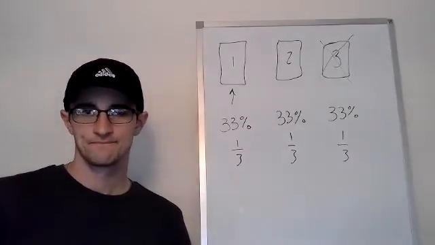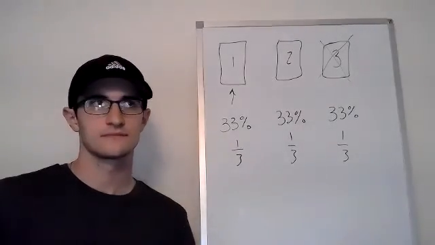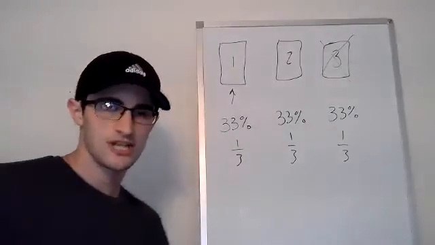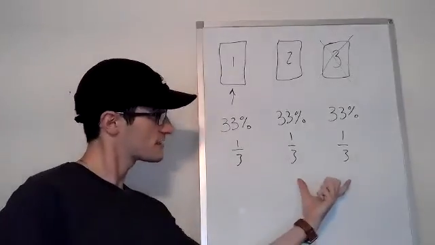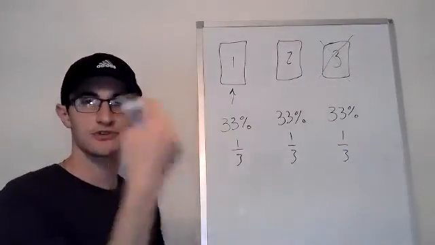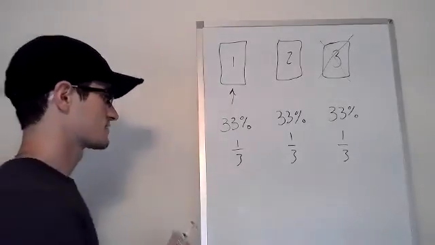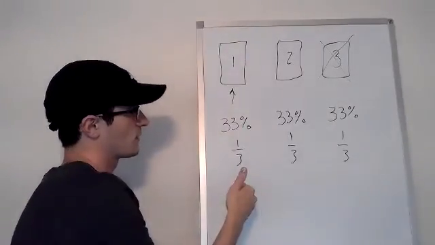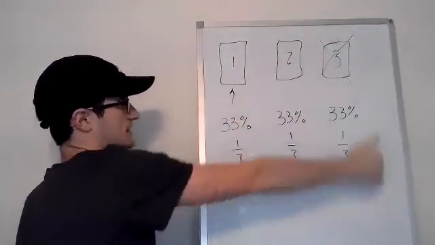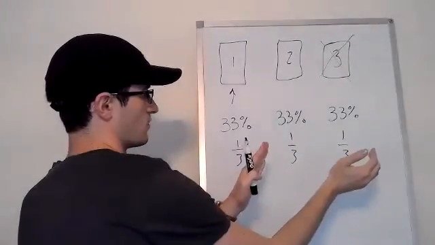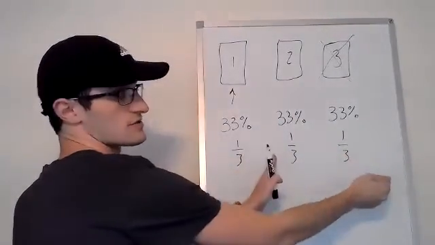But, well, let me take a step back real quick. Each one has a 33% chance. That means that there is a 2/3 chance it's in the other 2. There we go. So that's the word I was looking for. There's a 1/3 chance it's right here, 1/3 chance it's right here, 1/3 right here. However, there's a 2/3 chance that it's in one of these 2 doors.